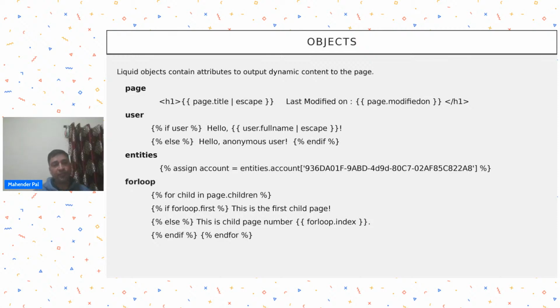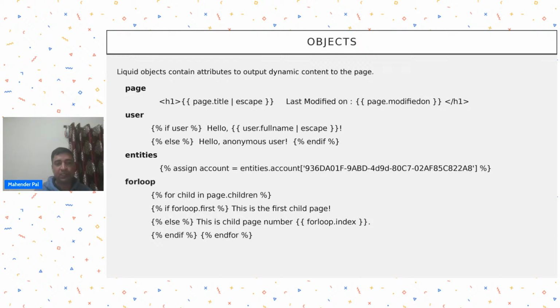Then we have another object, which is forloop. This forloop has a specific set of properties available which we can use. For example, here you can see a way of writing the for loop.